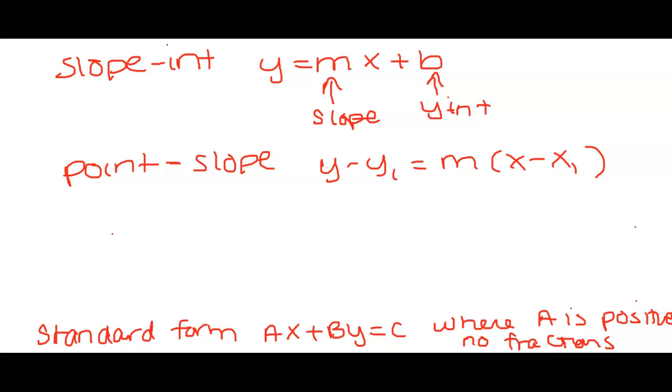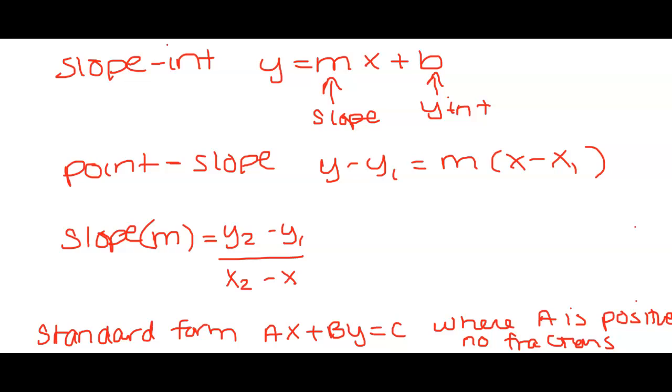Slope is rise over run. So that's from way back in the day where slope is m. You get slope by taking y2 minus y1 over x2 minus x1. So that y1 and x1 up in this equation are actually the same y1 and x1 from finding the slope.